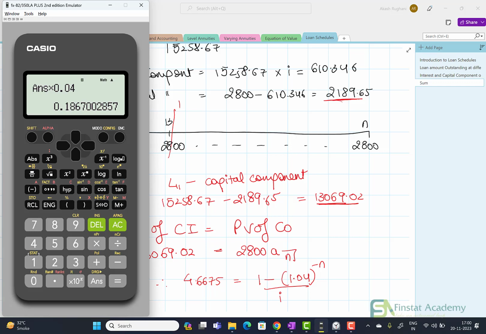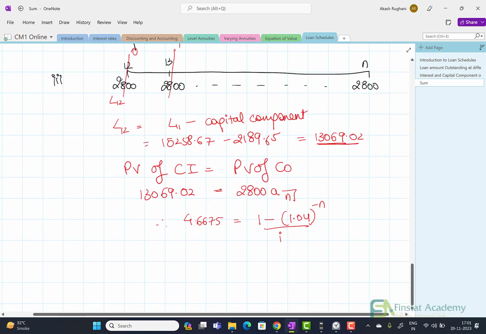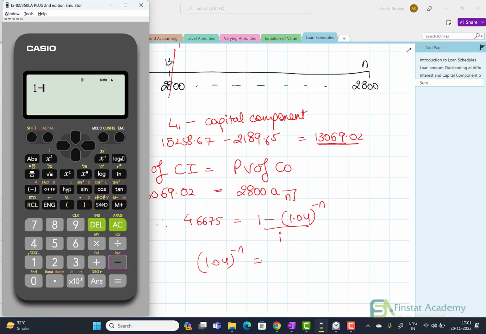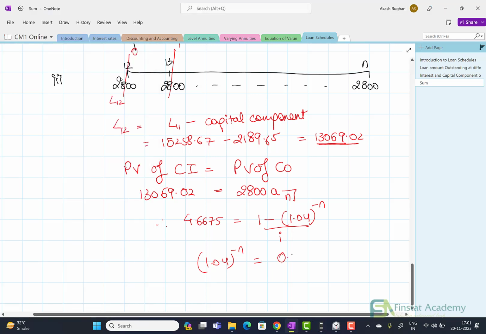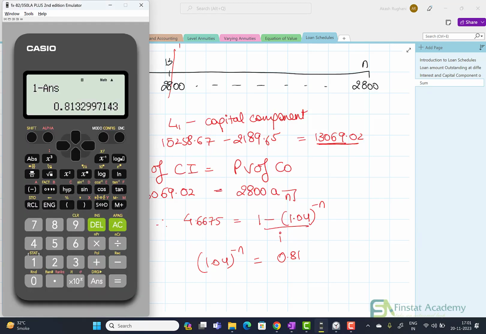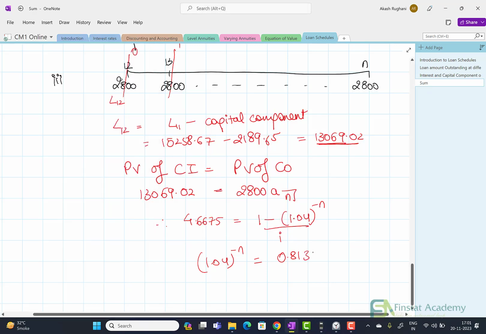Then 1.04 raised to minus n is equal to 1 minus the answer, which is 0.813299. Now I take log.